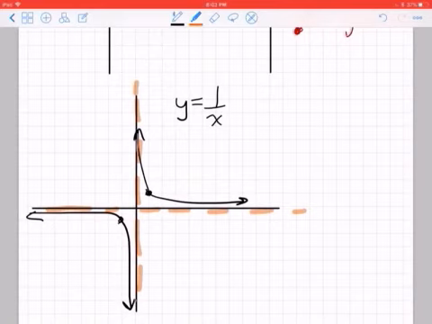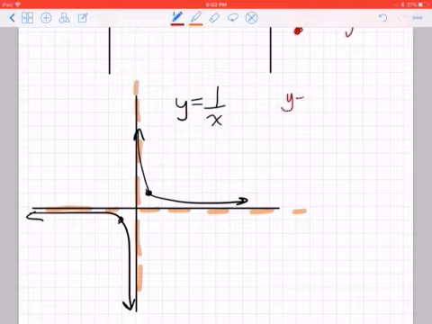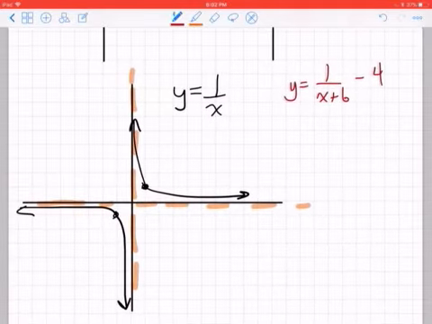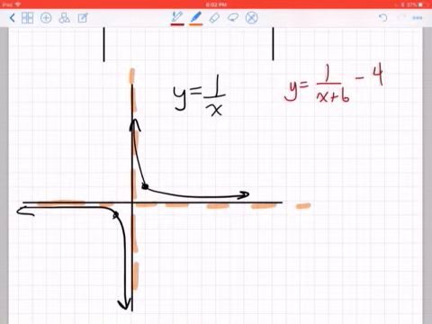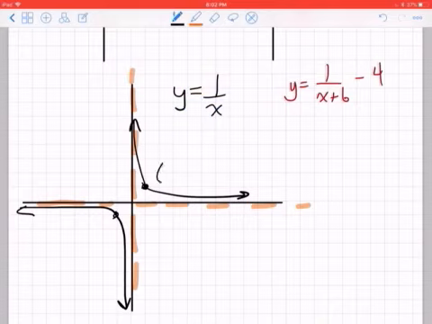But we are now looking for the graph of y equals 1 over x plus 6, minus 4, I believe. Yes. Okay, so when we graph this, it wouldn't be very easy to use mapping notation, but I'm going to map these first 2 points for you, that's the points (1, 1) and (-1, -1).